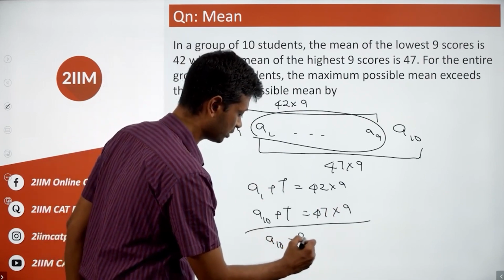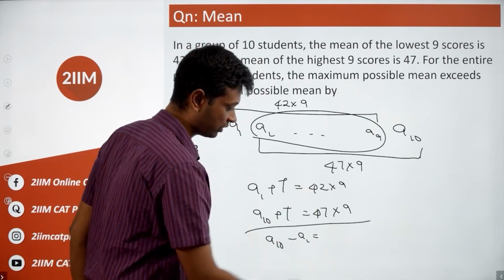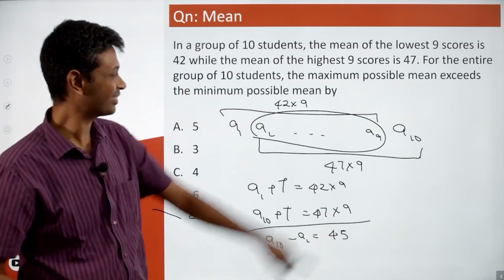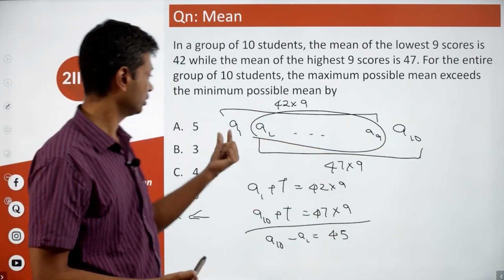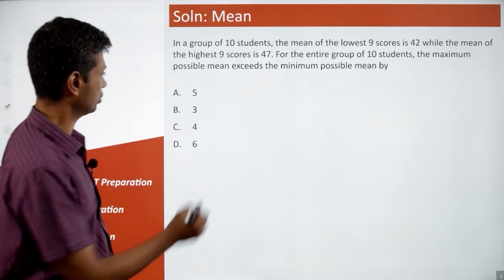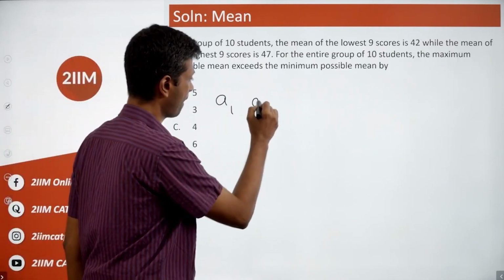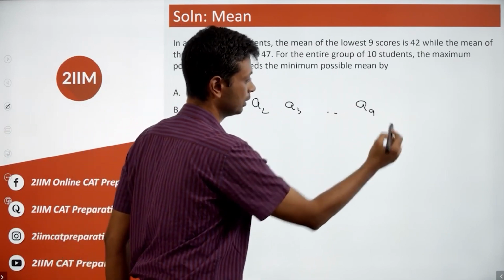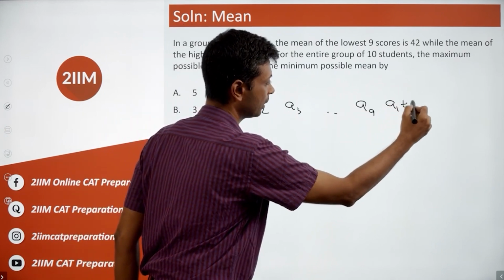A10 minus A1 is 47 minus 42 into 9, 5 into 9, 45. Or this number is 45 more than this number. Okay. Now, let's rewrite it like that. So, we have A1, A2, A3 all the way till A9, and this will be A1 plus 45.